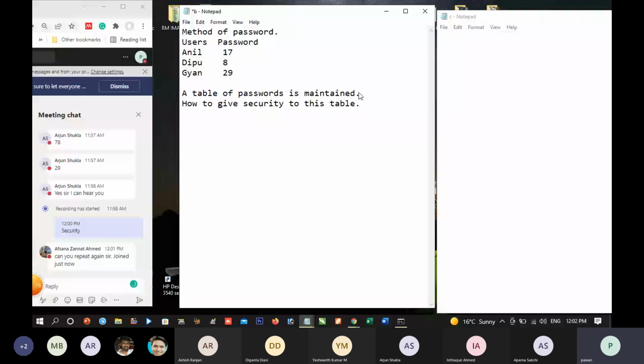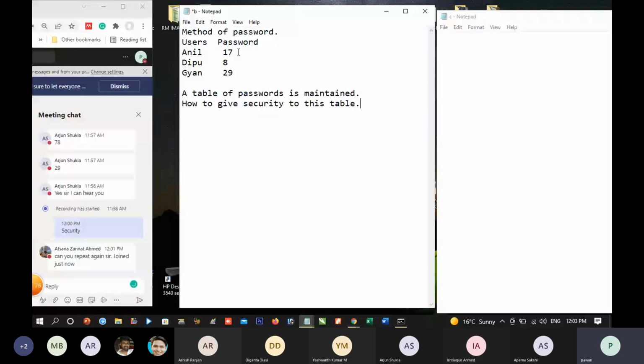So I am repeating it from the beginning. How will the operating system make your files safe, so that only you will be permitted to use those files? It is by the method of giving passwords. Every user is given some password.